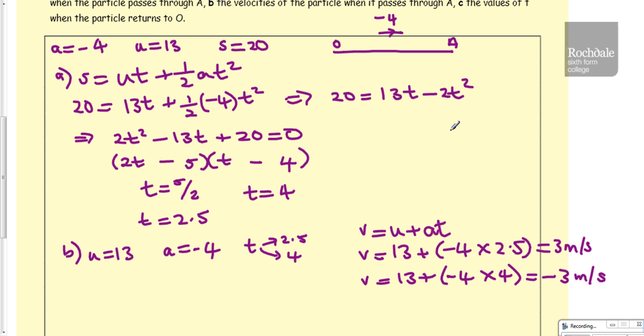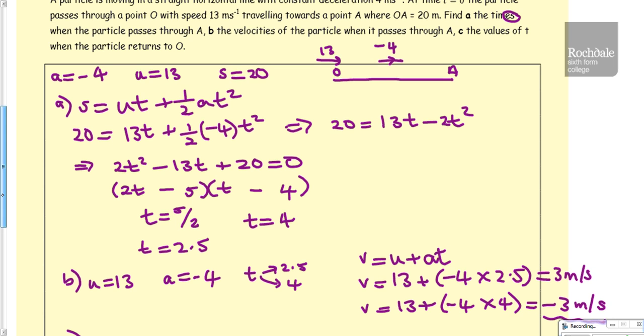What that means is that it's still going through at 3, so it's come to rest, coming back again through A, and it goes through again at 3 meters per second, but in the opposite direction to the direction that we started in. So the initial velocity was 13 from left to right. What this -3 tells us is that we're now moving from right to left, we're going backwards. So the negative sign indicates the direction.